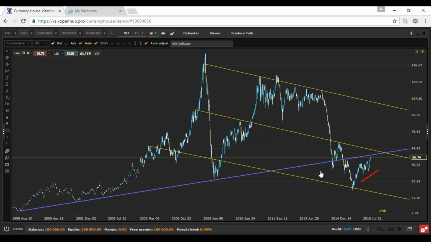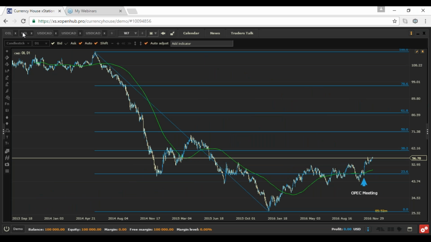Let's try to understand the fundamentals. But before that, I would open another chart of oil. You can see here a daily chart, and this is just a confirmation of the words that I was trying to say about the downtrend.